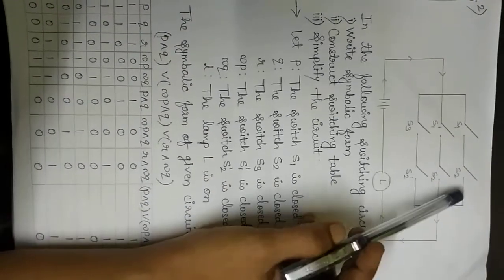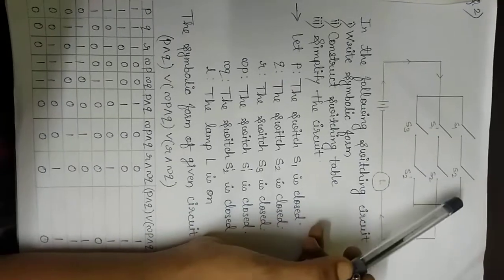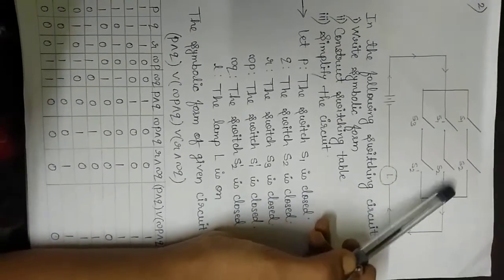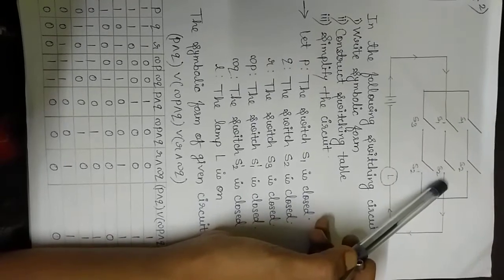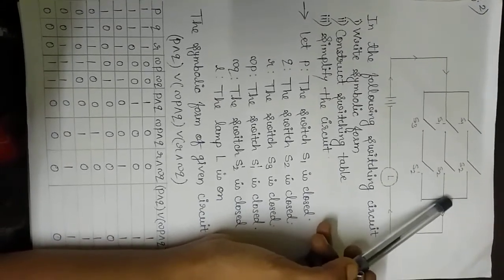Now here first we will observe the given circuit carefully and we will check how many switches are present in the given circuit. So here we have given 3 switches, S1, S2 and S3.